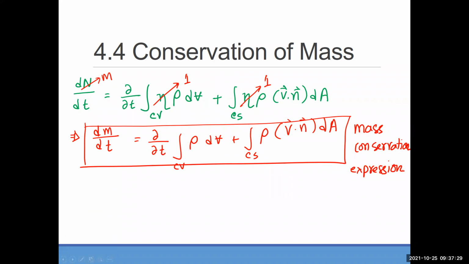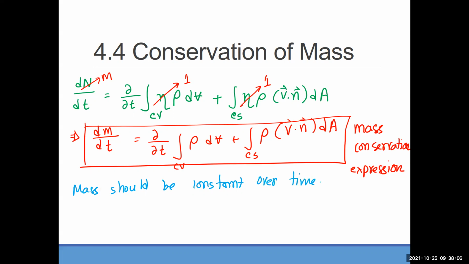Obviously, this is not as simple as when we say mass cannot be created or destroyed. We have a huge integral term here. So we will try to simplify this expression for our regular use. The very first simplification will be that mass should be constant over time.